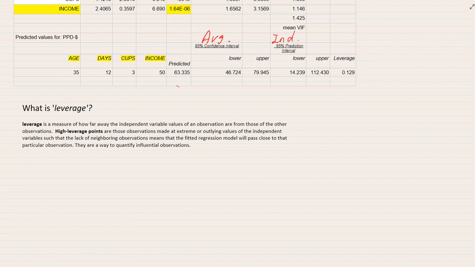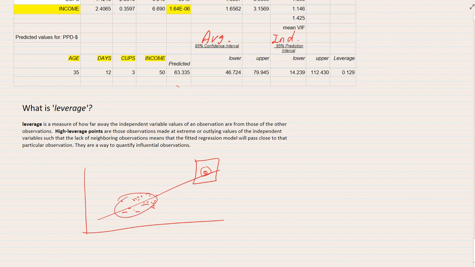For example, in the case of simple linear regression, you have individuals here, and then I have one that's over here. Remember, we call these influential observations. So this one individual here is going to have high leverage. That means it's farther away from the rest of the data points.